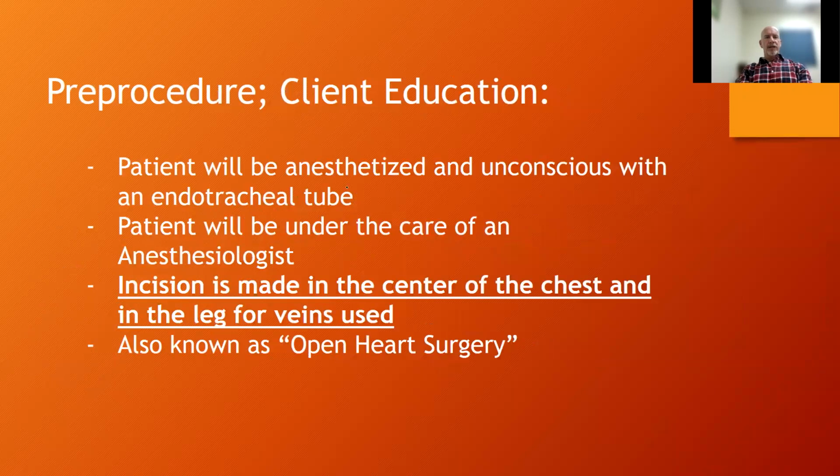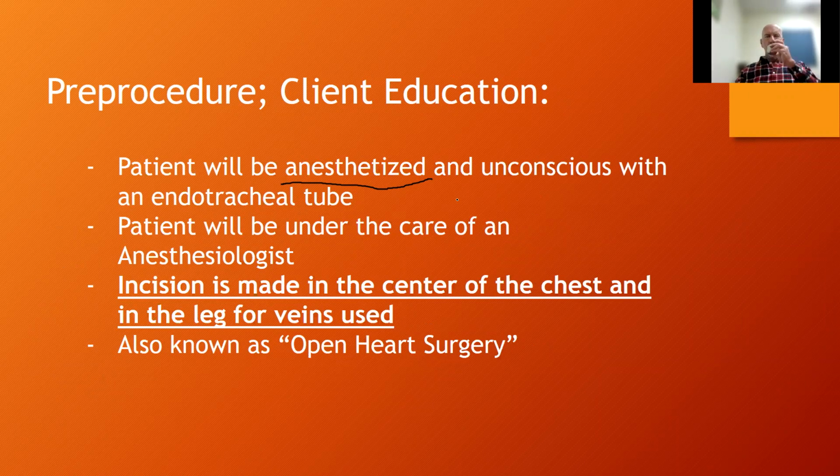Pre-procedure. Now, in this case, the patient will be totally anesthetized. They will be knocked out completely, usually with Diprivan, Propofol, and then they will be unconscious, and an endotracheal tube will be put down their throat.